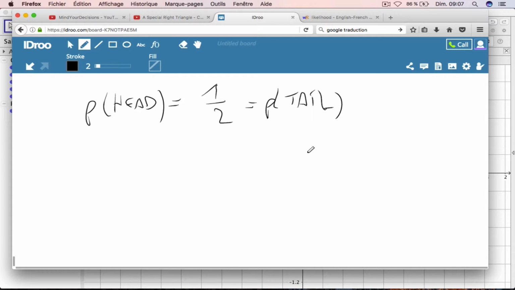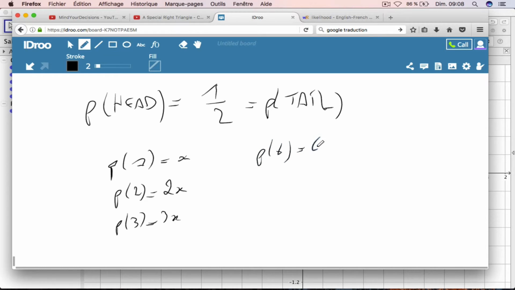So let's assume we have a dice, but when you get 1, the probability is x. When you get 2, the probability is 2 times x. When you get 3, the probability is 3 times x, and so on. So when you get 6, the probability is 6 times x. What's this x?